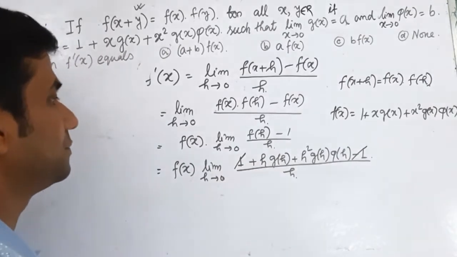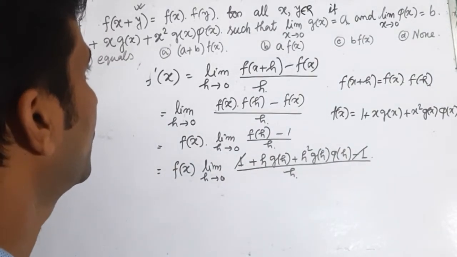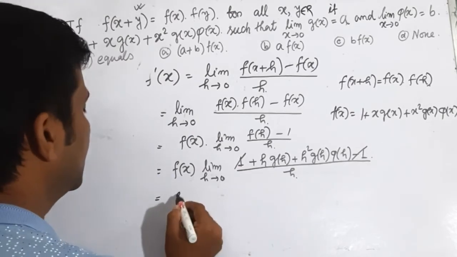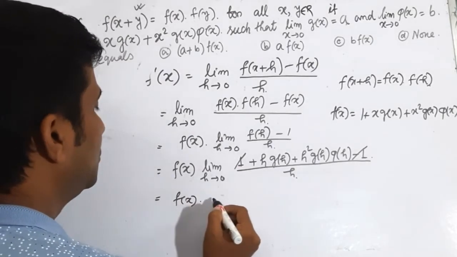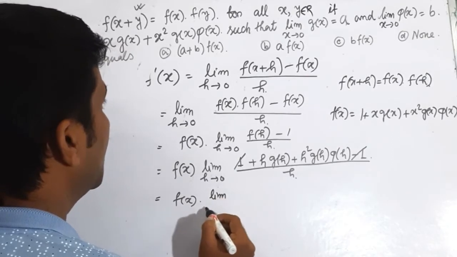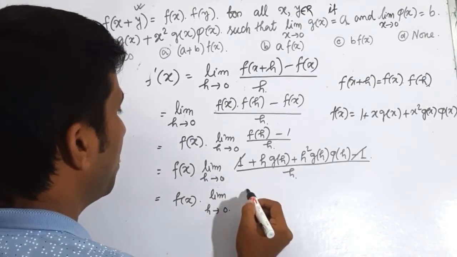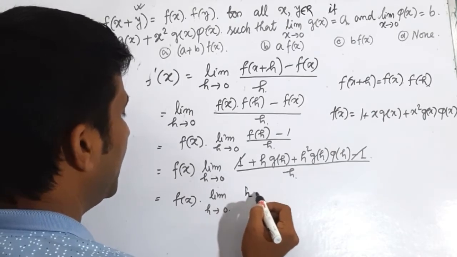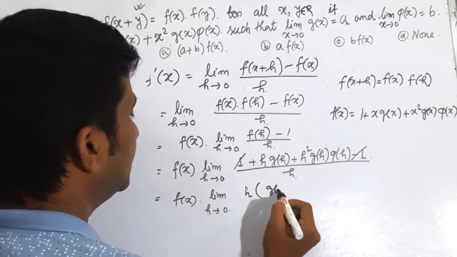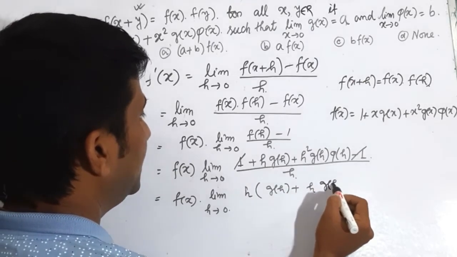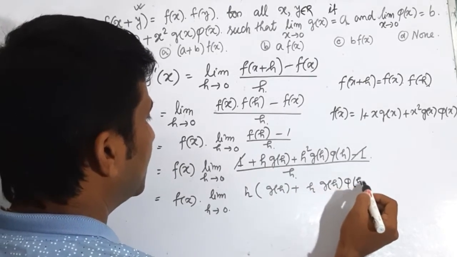Cancelling 1, we get f(x) into limit h tends to 0 of [h·g(h) + h²·g(h)·φ(h)]/h.